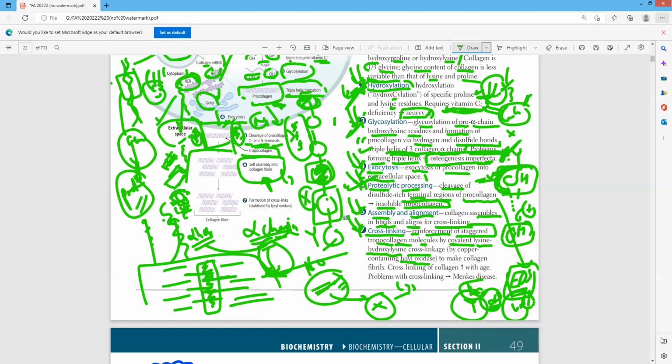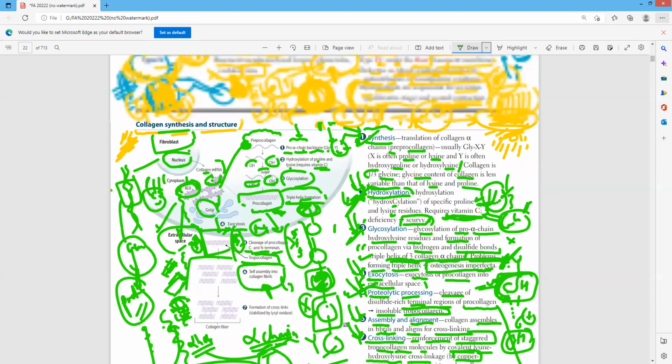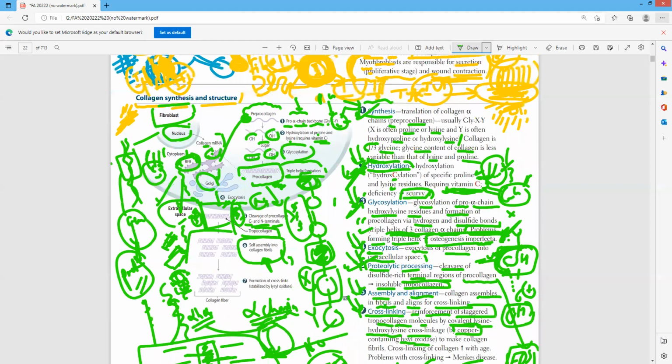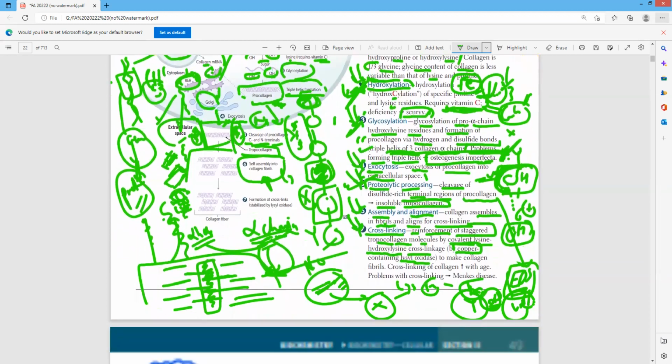This contains lysyl oxidase. This is an enzyme that will remove that hydrogen. This is oxidation. Don't remember the details, but I want you to remember that this is lysyl oxidase, and lysyl oxidase needs copper for that. To associate, hydroxylation needs iron. You can add it to your information.